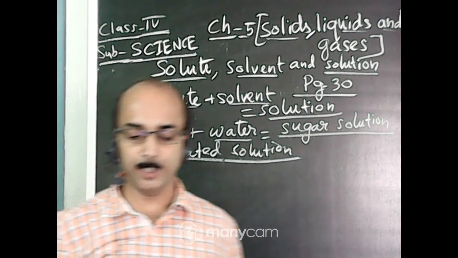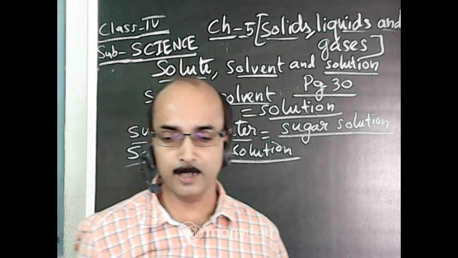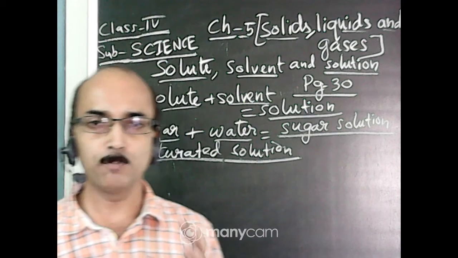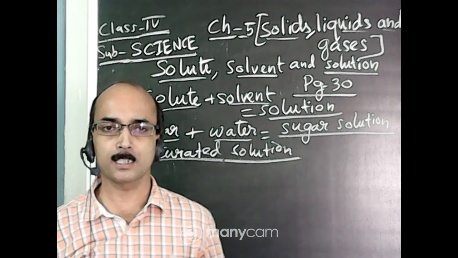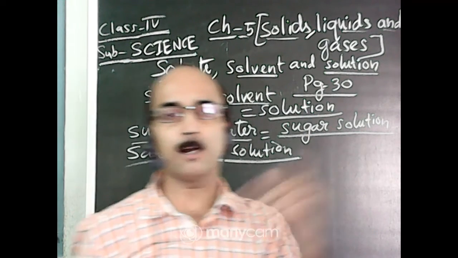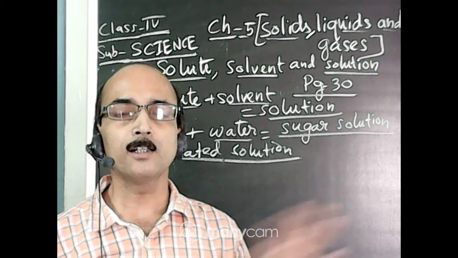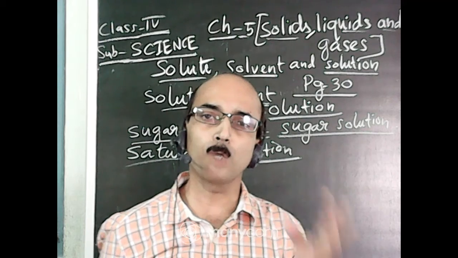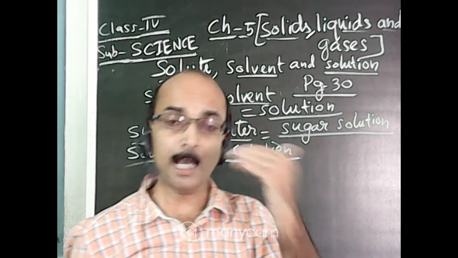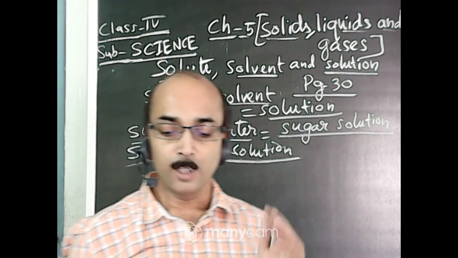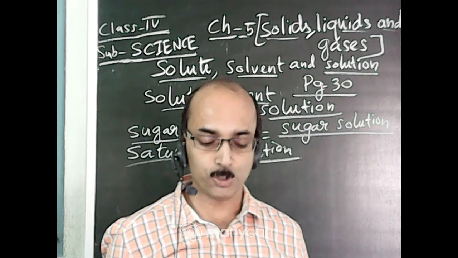When sugar dissolves in water, there are spaces between the molecules of the liquid, and the sugar molecules fill up these spaces. When all the spaces have been filled, there is no space for other sugar molecules, so some sugar will be left in the glass. That solution, in which no more solute can be dissolved, is called a saturated solution.